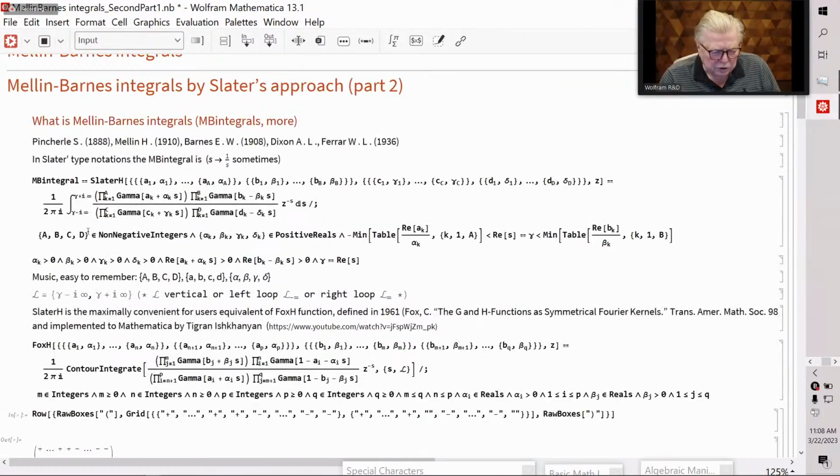So the definition includes A, B, C, D, and lengths capital A, capital B, capital C, capital D, and alpha, beta, gamma, delta, which are coefficients.